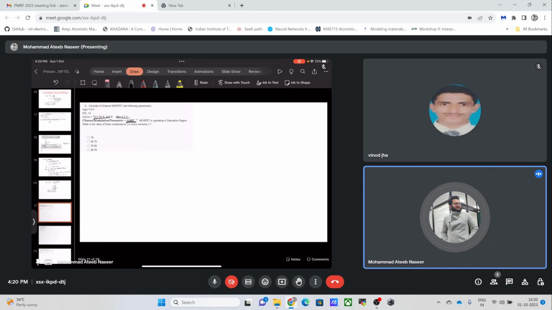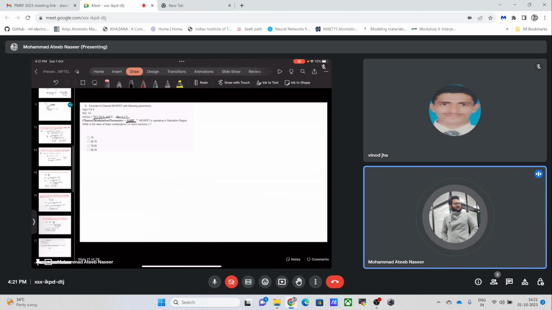Till now we had assumed that the current in this saturation is independent of the drain bias, but we had seen how the post pinch off conditions shift the pinch off point from the drain towards the source, and this would result in a decrease in the channel length. The effective channel length will decrease, as you can see clearly where I had drawn this.